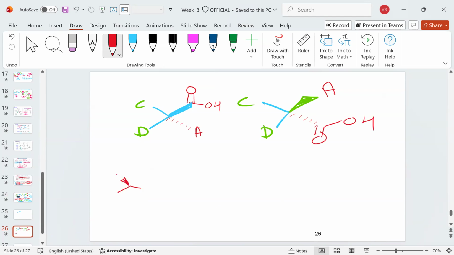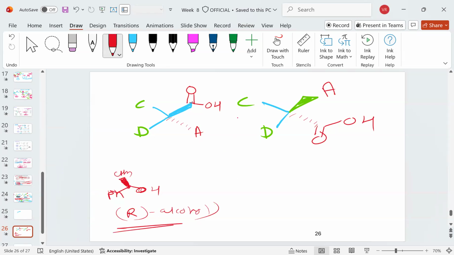Let's say this is chiral, CH3, and here anything like phenyl, and OH. So this is my initial chiral pure alcohol, ROH, whatever alcohol. This is an enantiomerically pure alcohol.